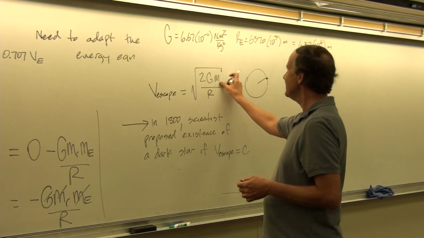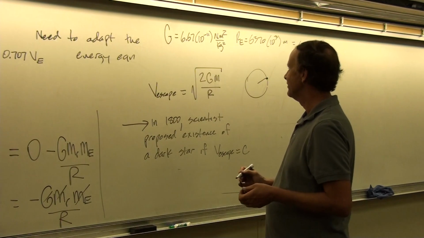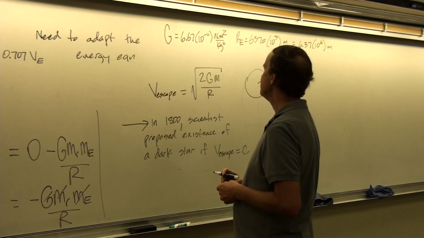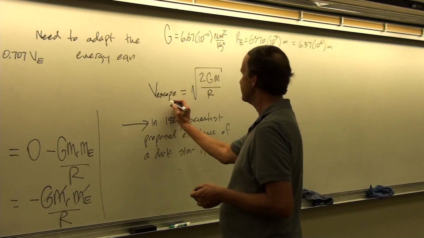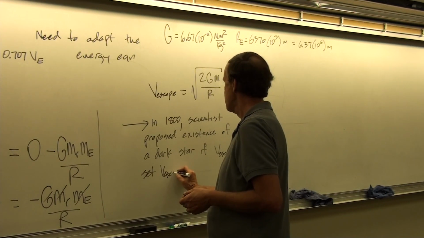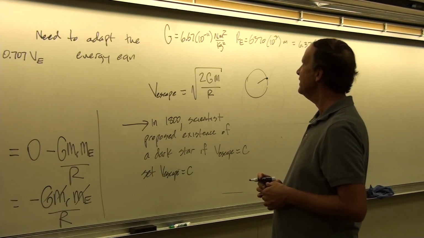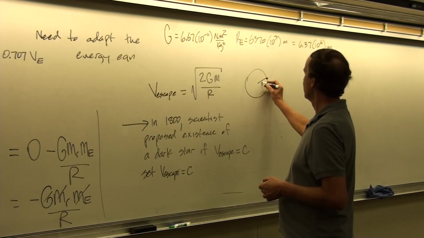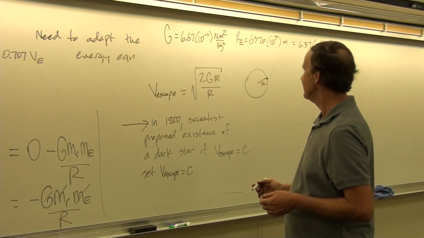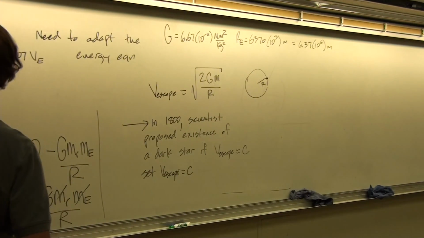But way back in 1800, this guy came up with this relationship. Amazing foresight. And so if we set V escape equal to c, then basically what we could do is solve for the radius of this dark star, which would be the radius of a black hole. Pretty cool. He set the escape velocity equal to c.